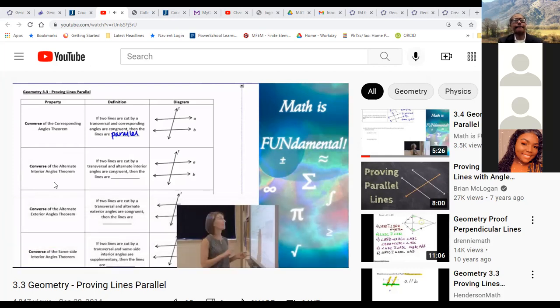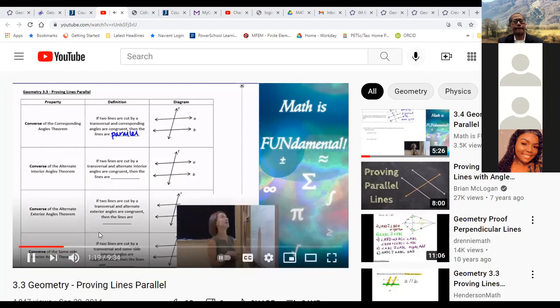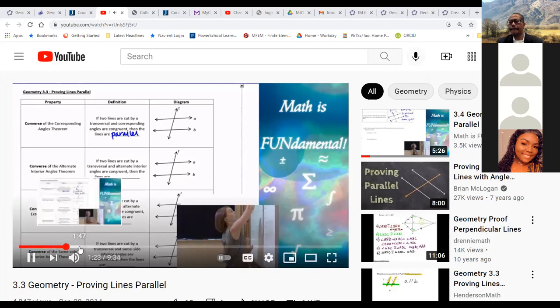Now, we're given that corresponding angles are congruent and we can prove that the lines are parallel. For example, if angle 1 is congruent to angle 7, those little arc marks mean they're congruent, then I can state that A is parallel to B using the converse of the corresponding angles theorem.